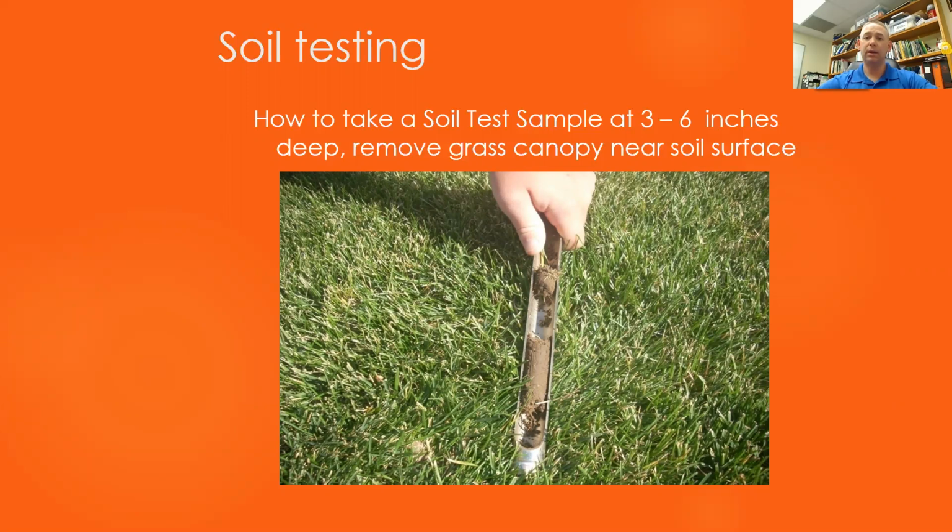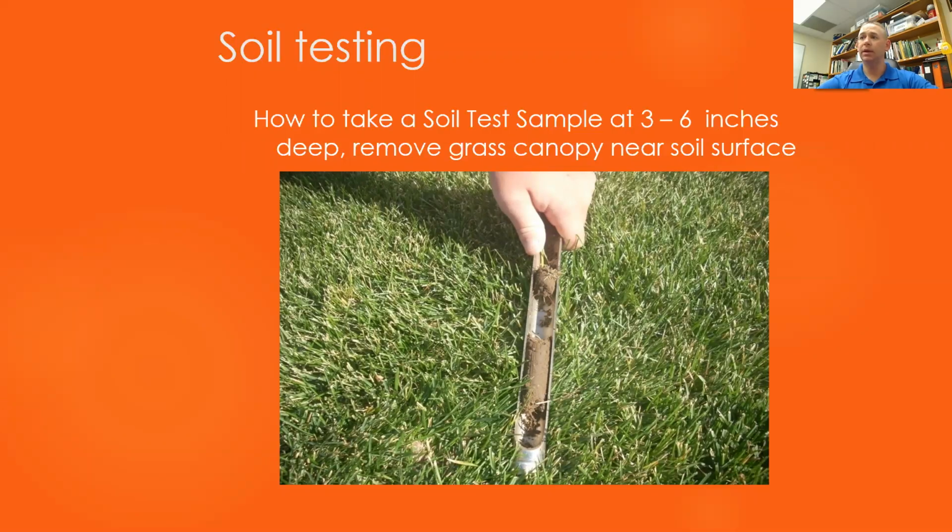In lieu of that, a spade or a sharpshooter does very well, and it's easy to get samples with that. Basically, you're taking several subsamples, or you can see here in the photo, samples from a depth of 3 to 6 inches, and these are core samples that you're seeing in the photo.